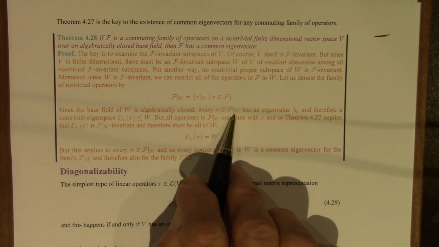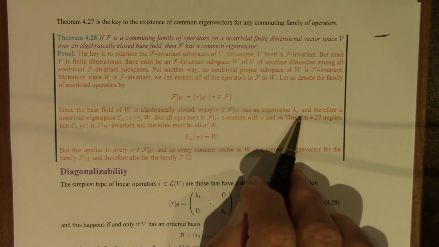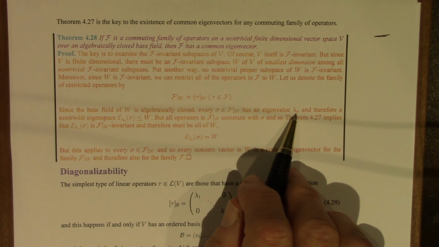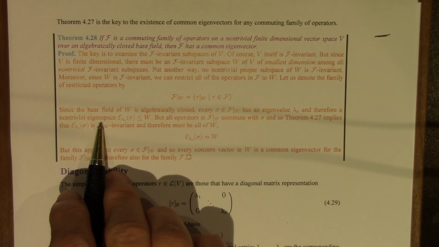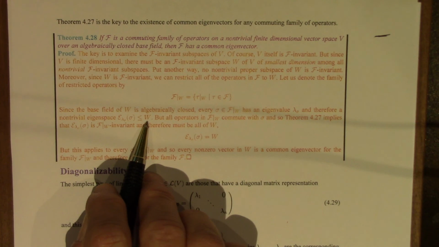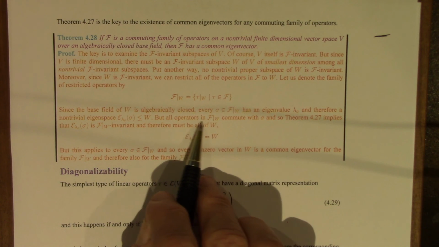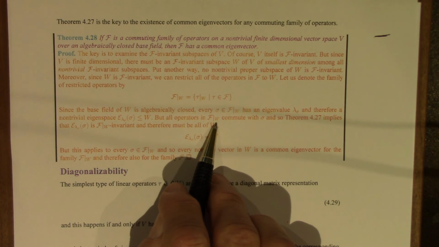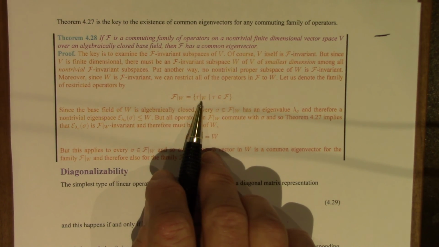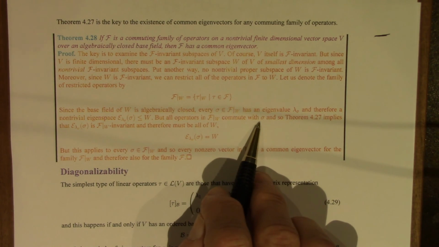So if sigma is one of these restricted operators from the family, lambda sub sigma is an eigenvalue. There must be one, at least. And therefore, a non-trivial eigenspace. It's a subspace of W. We've restricted all the operators to W. But all the operators in the family of restricted operators all of these operators commute with sigma.